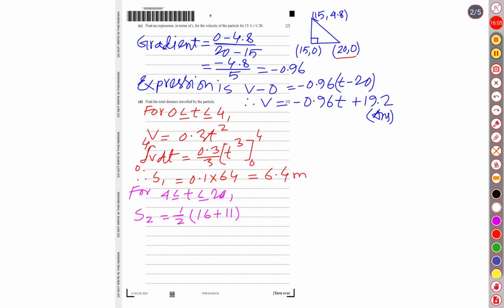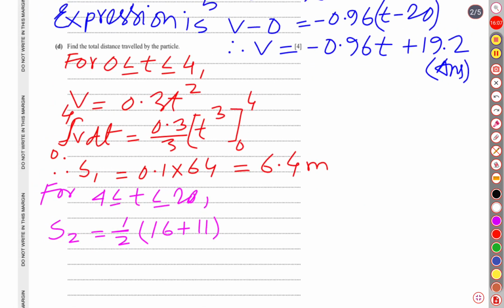If we multiply half by 4.8, dividing 4.8 by 2 gives 2.4.